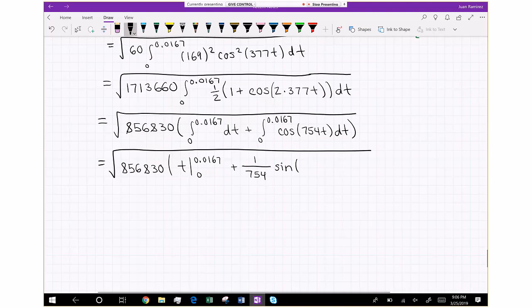Integral of cosine is sine. And of course we have to apply the chain rule. So it's 1 over the argument of cosine times the integral of cosine. And then we evaluate it further.